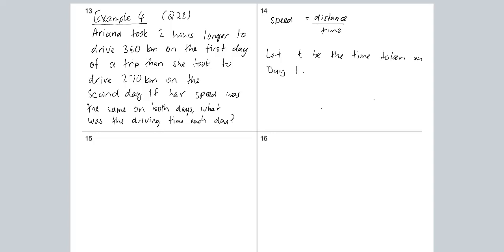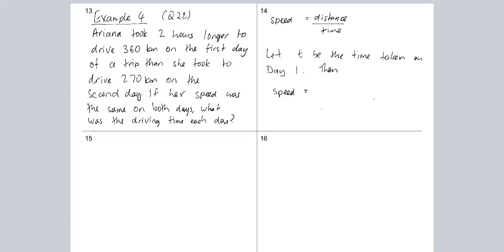Then the speed is going to be equal to... what was it? 270 kilometres on, no, hang on. Took 2 hours longer to drive 360 kilometres on the first day of a trip than she took to drive 270 kilometres on the second day. Okay, so this gets a bit tricky. That's okay, we can do it.